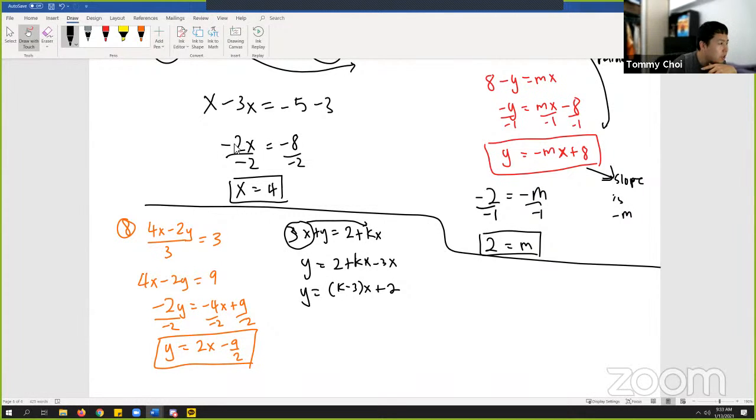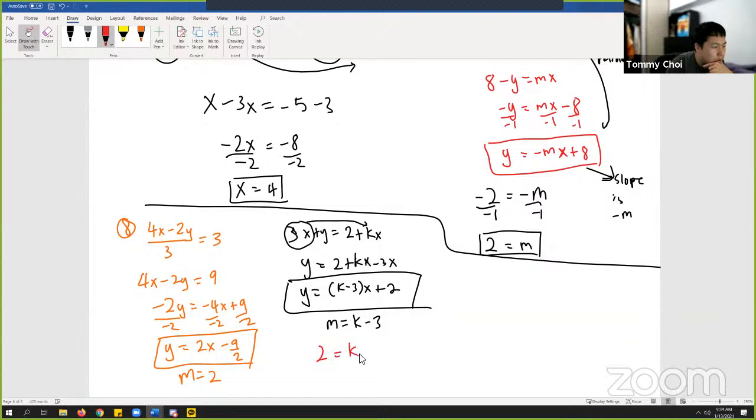This now allows us to compare the slopes. It says these two lines are parallel. The slope here is 2. The slope here for the second equation is k minus 3. So putting them equal to each other, I get 2 is equal to k minus 3, and I can solve for k.